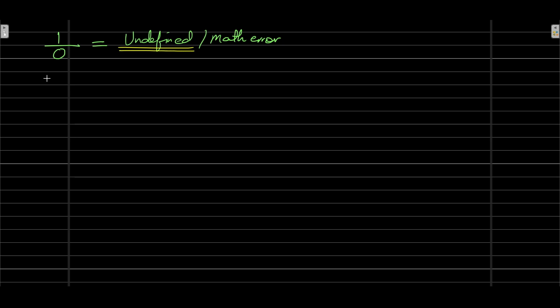For instance, if we have the number 1, 1 divided by 1 will just give you 1. 1 divided by 0.1 will give you 10. Likewise, 1 divided by 0.01 will give you 100. Similarly, 1 divided by 0.001 will give you 1000.